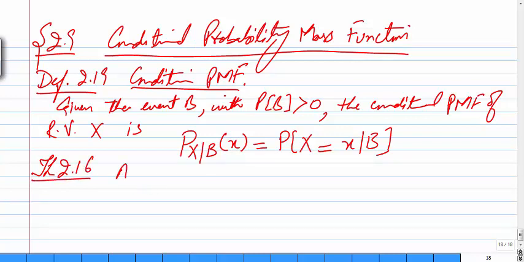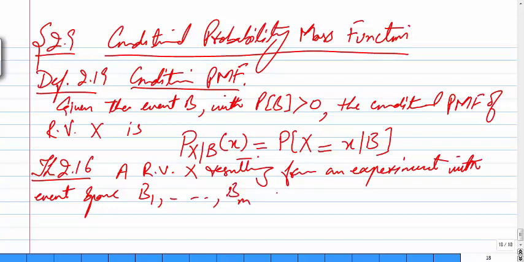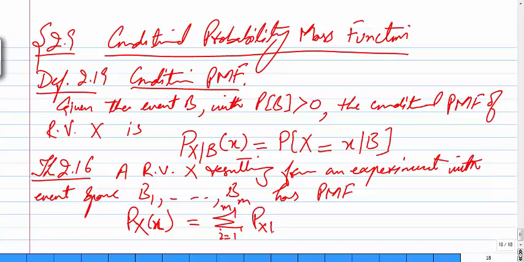It says that for a random variable X resulting from an experiment with event space B1 up to Bm, if we want to calculate the PMF of X with the event space, it is equal to the summation from i equals 1 to m of the conditional PMF P_{X|Bi}(x) times the probability of Bi. So this will give me the original PMF of the system.